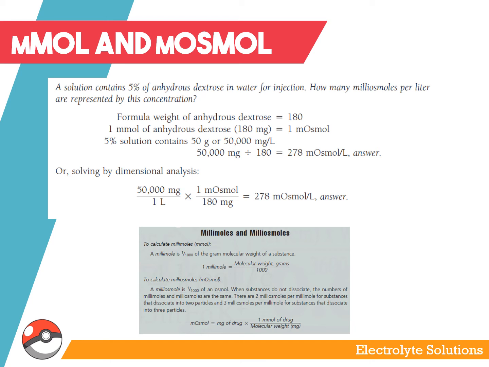We can also solve this by using dimensional analysis: 50,000 milligrams per 1 liter times 1 milliosmole per 180 milligrams. So the answer is 278 milliosmoles per liter. You can take note of the formula that is written below.